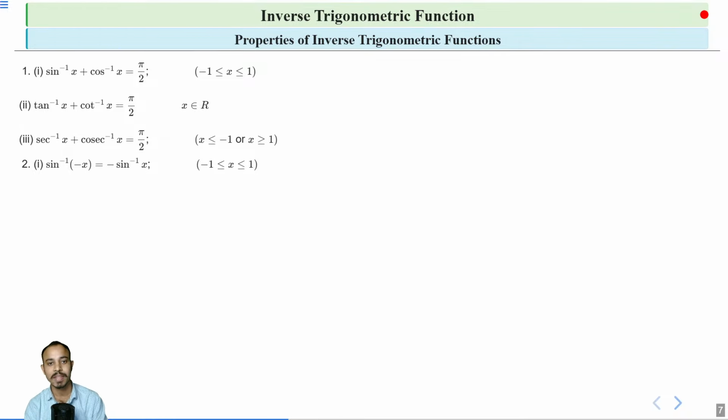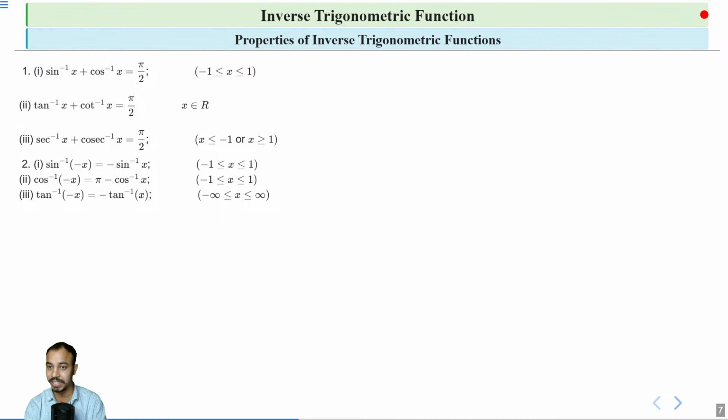Clear? Then see cos inverse of minus x. Cos inverse of minus x is equal to pi minus cos inverse x. Here minus 1 less than equal to x less than equal to 1. Then tan inverse of minus x is equal to minus tan inverse x.